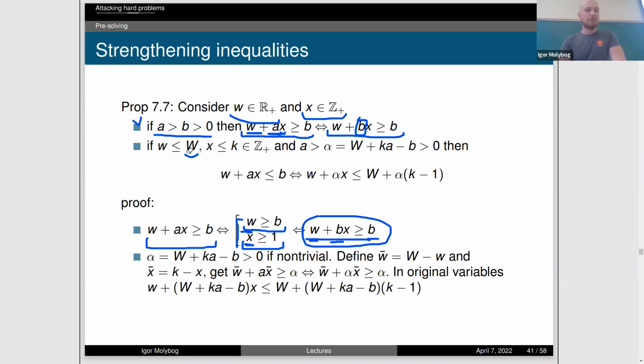We have some upper bound on the value of w. It's still a non-negative real number, but now we have an upper bound. And the alpha, which is defined to be greater than 0.